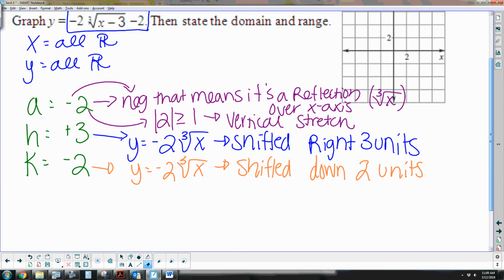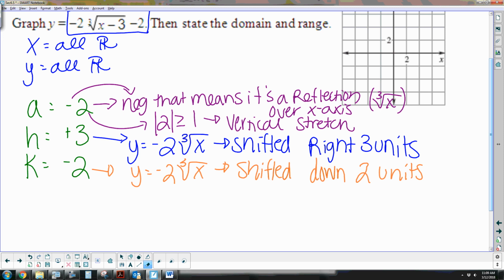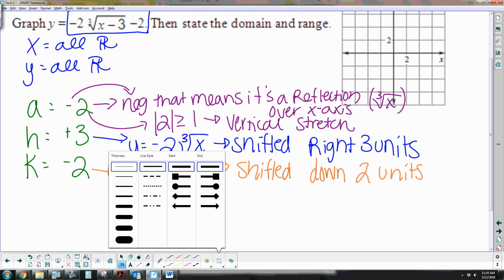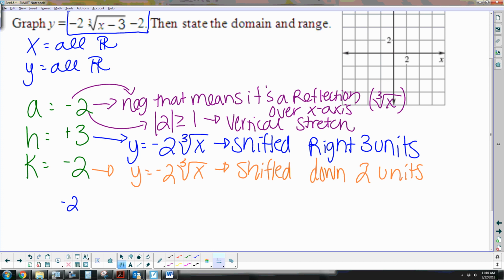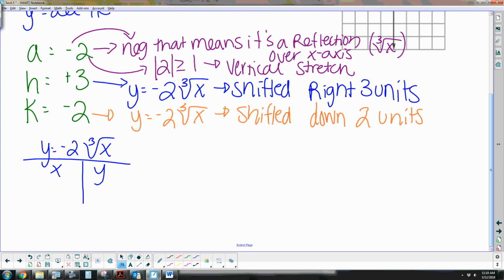So now let's actually graph negative 2 times the cubed root of x. Okay, so we need to figure out a couple points, x and y values. And again, our x can be positive or negative values, and our y can be positive or negative or 0 values. So let's look at negative 2, which is kind of a hard one, so we'll have to estimate what our y value is.